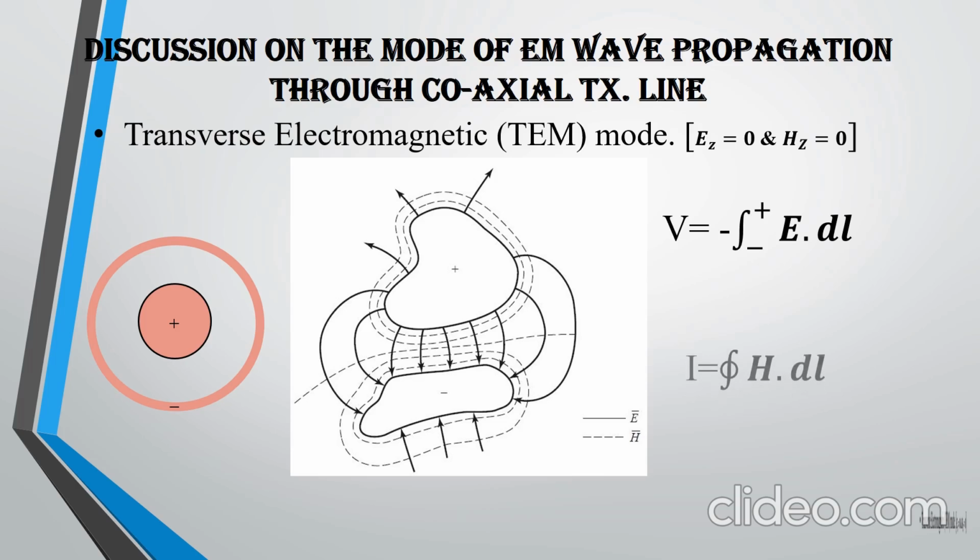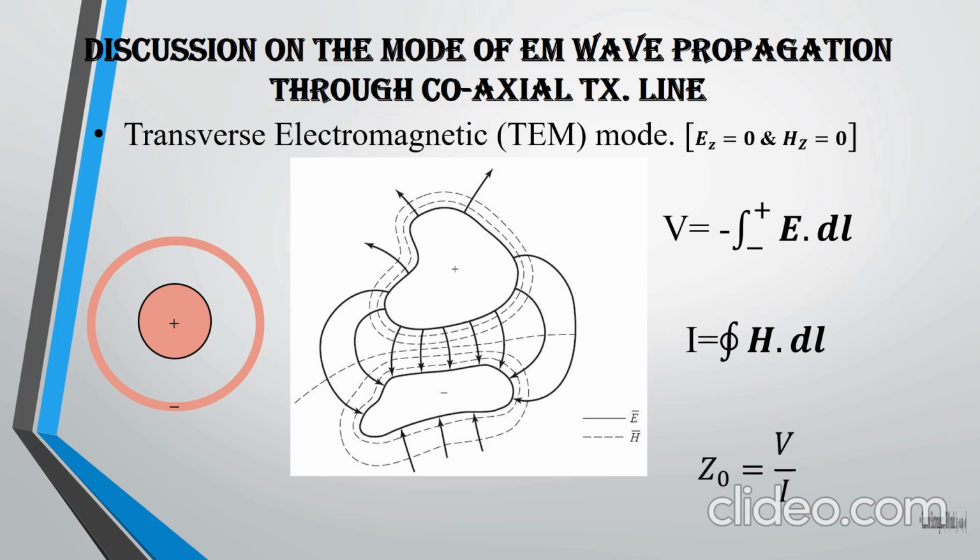Now from magnetic field also we can find out current, and this is basic Ampere circuital law, right? So if we define voltage and current for this type of transmission line, we can find out the impedance value of this transmission line.